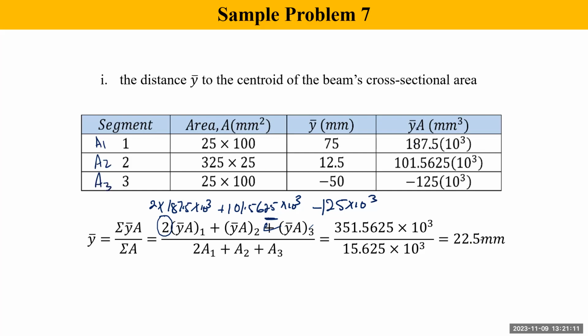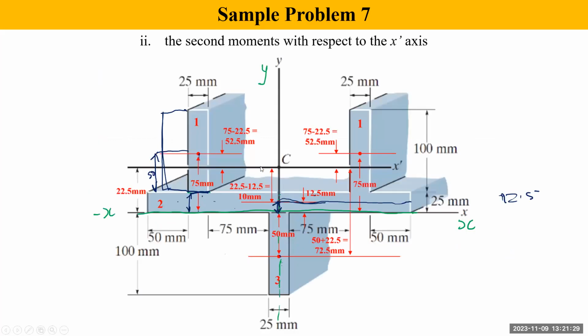All right, so that is now your centroidal axis, coming from the X. So your Y bar is 22.5.